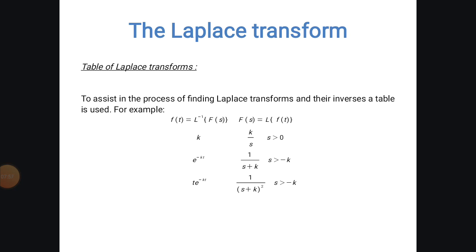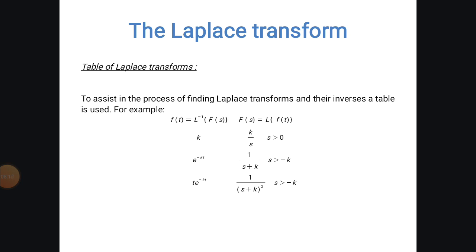Okay, then we'll move further. That is, the Laplace transform of t into e raised to minus kt. What we are doing here is multiplying by t. So it will look like 1 upon (s plus k) whole squared.